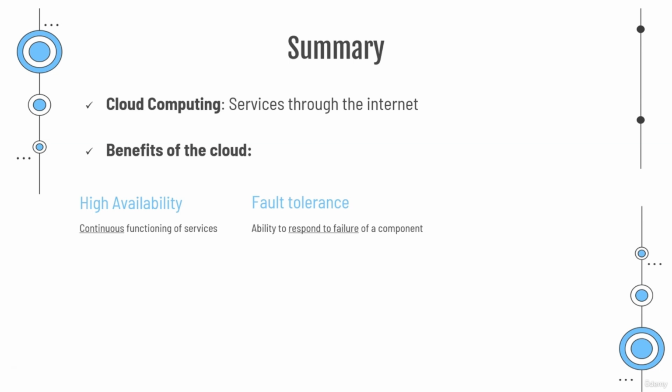So if one component does break, how strongly will this affect our service? Will we still be able to have the service available and working? And then once a service may have gone down, maybe a catastrophe or a disaster has happened, how quickly and how well are we able to restore the functionality after the disaster?